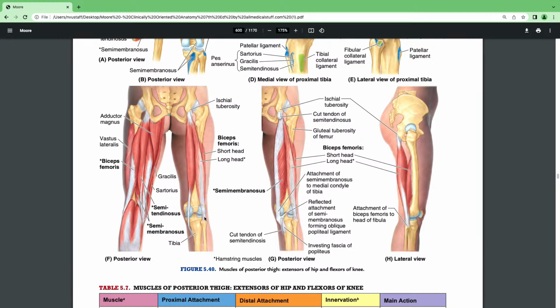Well, no, it's not like that, because in the correct anatomical way of grouping these muscles, it's only the long head of the biceps femoris which is included in the group of the hamstring muscles. Did you understand? Are you following me, guys? No? Yes?